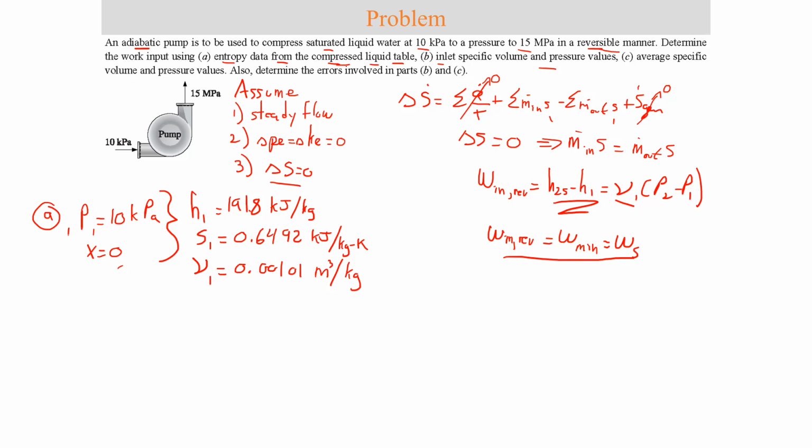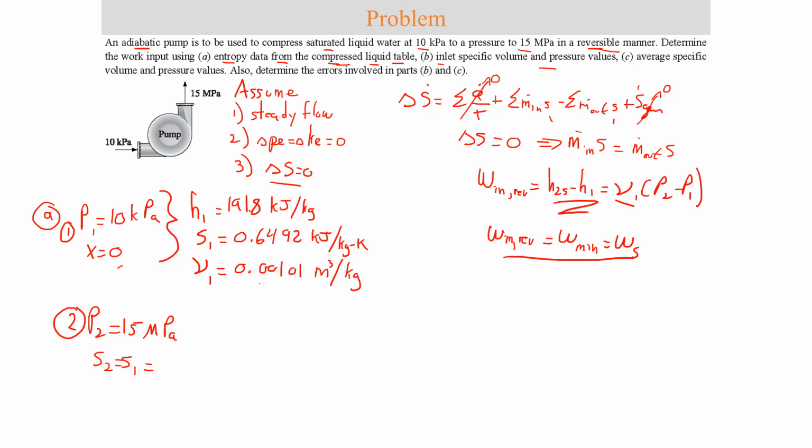So that's state one, the state of the water going in. For the state of the water coming out, we're given the pressure coming out is 15 megapascals. And the entropy coming out is equal to the entropy going in.